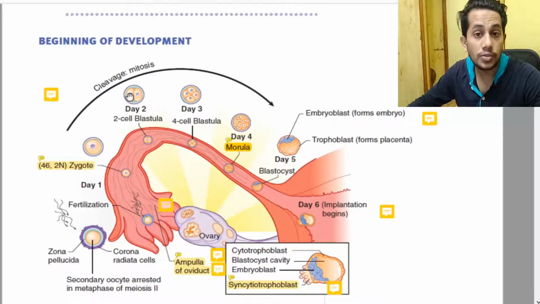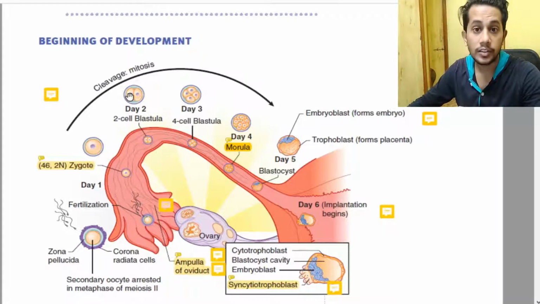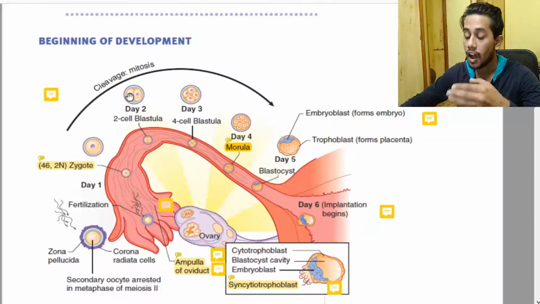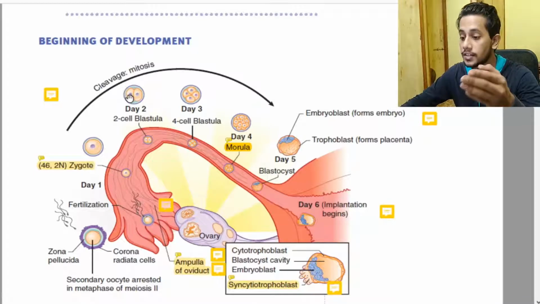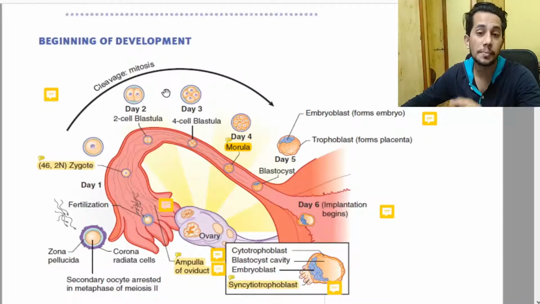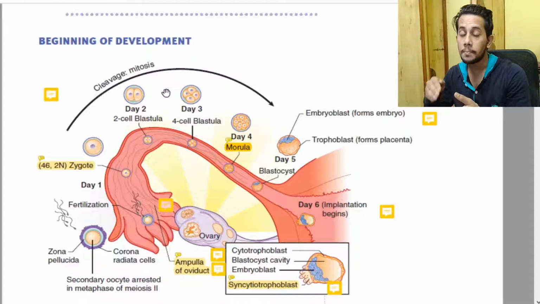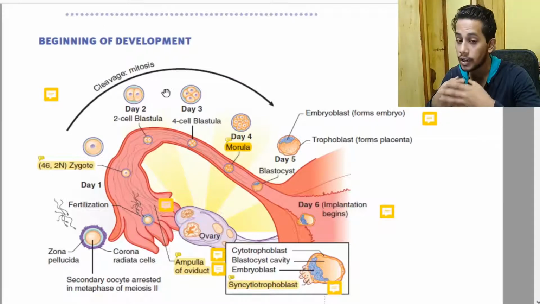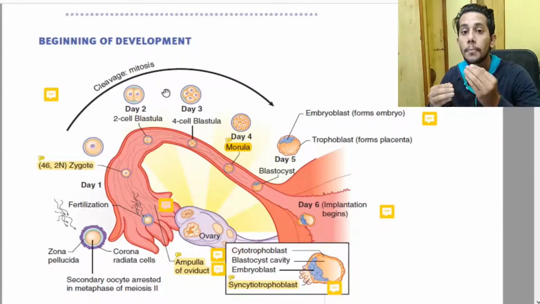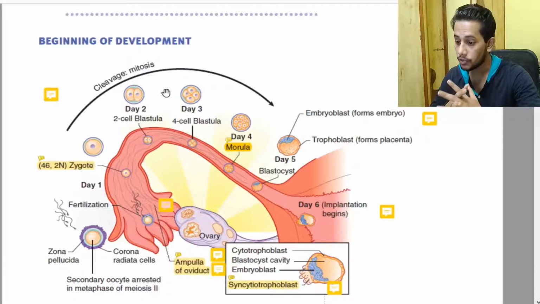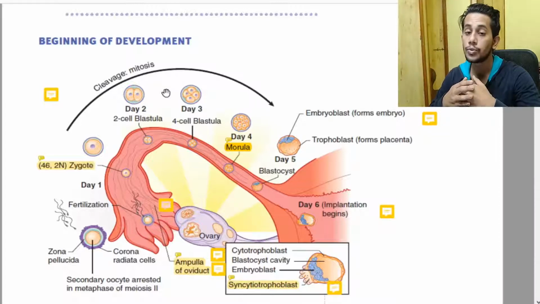The two cell blastula is divided into half, they do not develop further, so it's half the size the zygote was, and the same goes with day 3, 4 cell blastula. So it is dividing but it does not develop, it does not enlarge, and that process of mitosis is what we call cleavage mitosis. It only occurs here. In any other normal tissue or cell, the process of mitosis will just go through as planned.